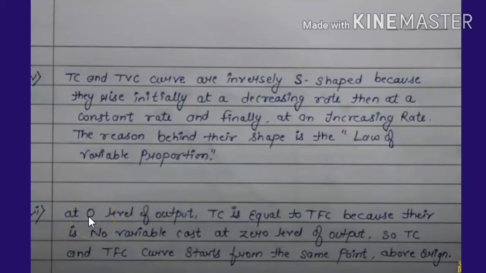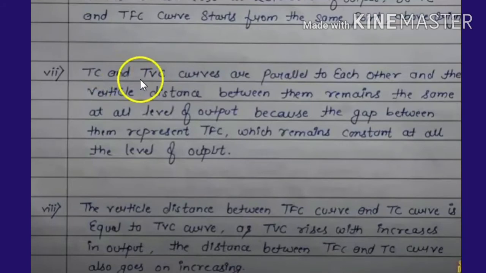Next relation: at 0 level of output, TC is equal to TFC because there is no variable cost at 0 level of output. So the TC and TFC curves start from the same point above the origin. Next, the TC and TVC curves are parallel to each other and the vertical distance between them remains the same at all levels of output, because the gap between them represents TFC, which remains constant at all levels of output.